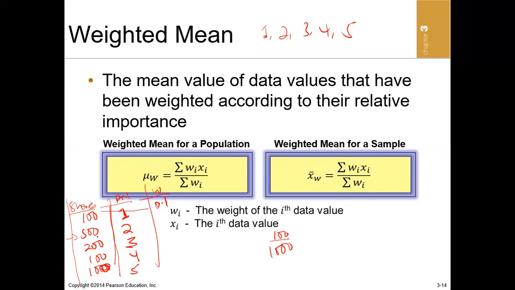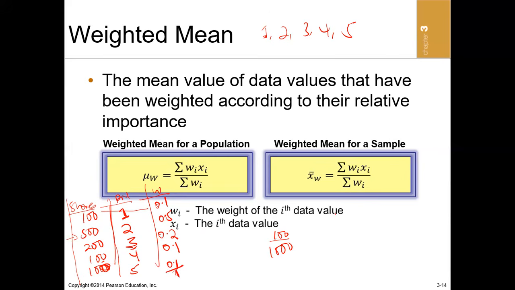The person who is saying we should pay 2 cedis has 500 shares, so his weight is 500 divided by 1,000, which is 0.5. The person who is saying we should pay 3 cedis has 200 shares, so his weight is 200 divided by 1,000, which is 0.2. This person's weight will be 0.1, and the last person's weight will be 0.1. So the sum of the weights is 1.